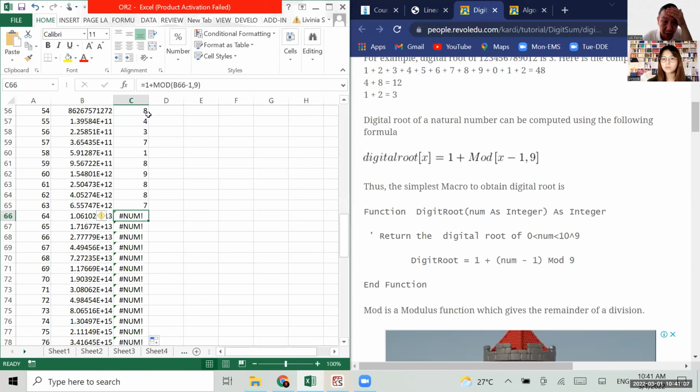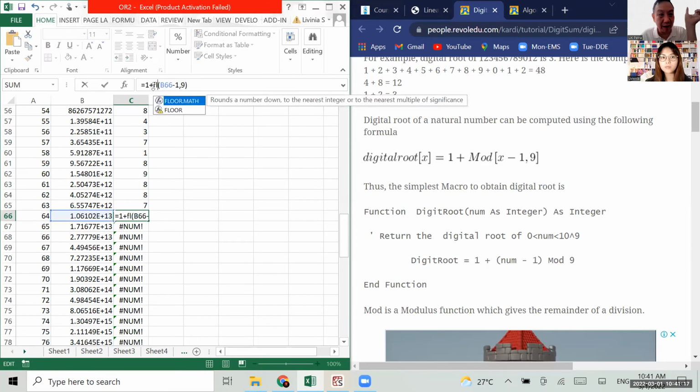In that case, you can use a floor function. Mod in Excel has a limitation up to 9-digit numbers. So in that case, you can use the next formula: digital root is x minus 9 multiplied by floor of x minus 1 divided by 9.